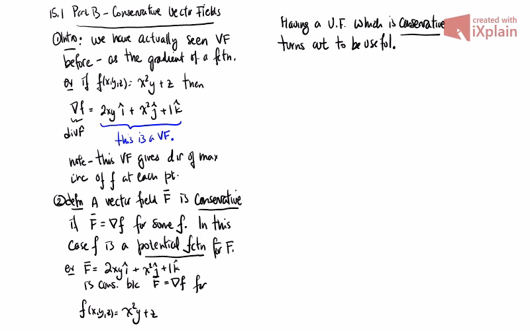As a consequence, if you're just handed a vector field, you might want to know: is it conservative? So consequently, if big F is given, how can we know if big F is conservative?